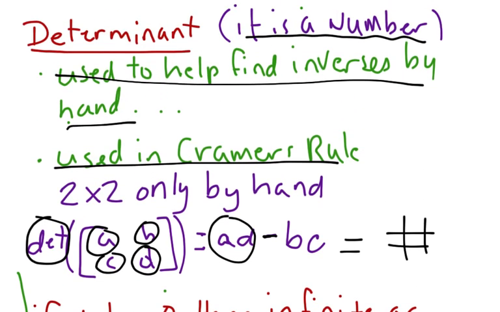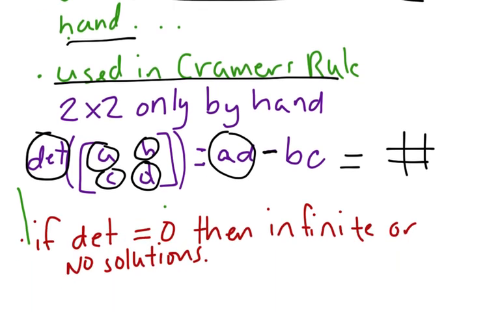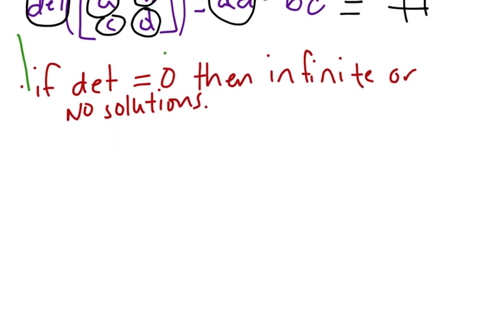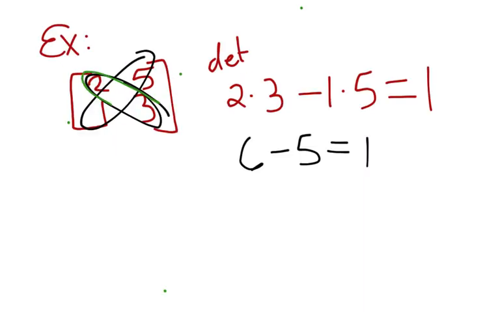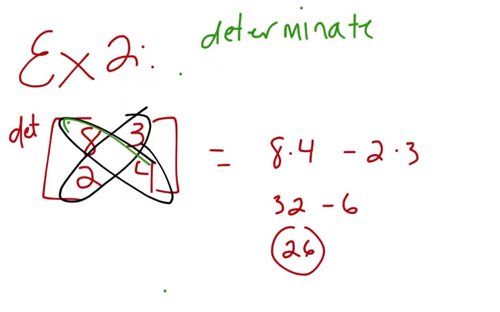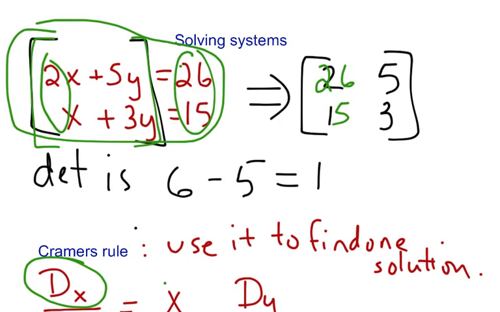We also use the determinants to help define inverses. And just a reminder, it's these corners minus these corners. It's a number produced as a determinant.